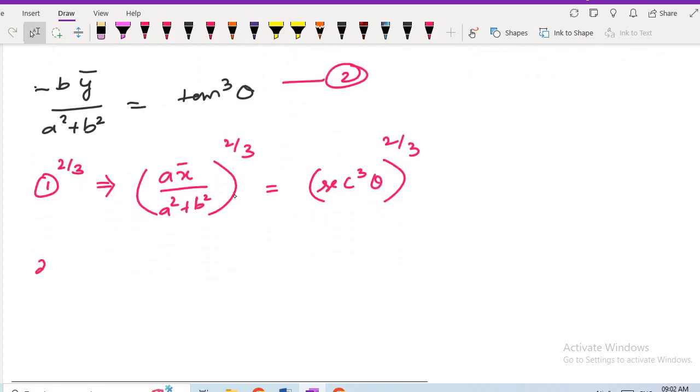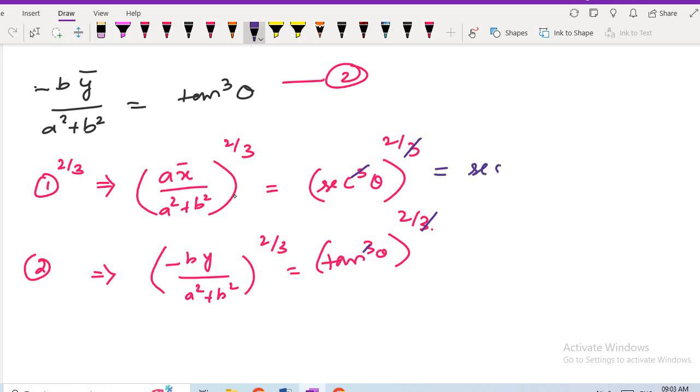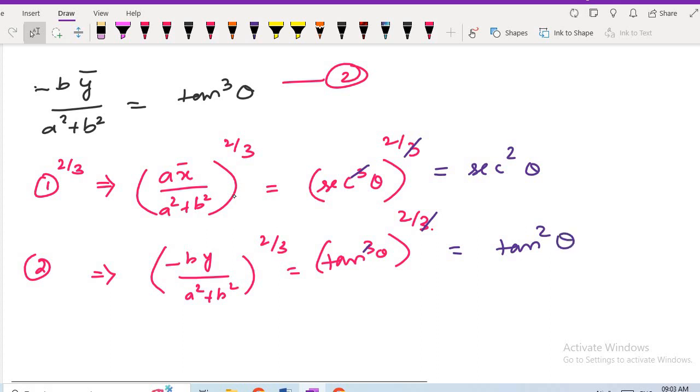Similarly, for equation 2 also you have to take power 2 by 3: minus b y bar divided by a square plus b square power 2 by 3, which is equal to tan cube theta power 2 by 3. Now you see the cube and cube root are cancelled. So this term we simply get secant square theta, and this term becomes tan square theta. You can take this as equation number 3 and this as equation number 4.